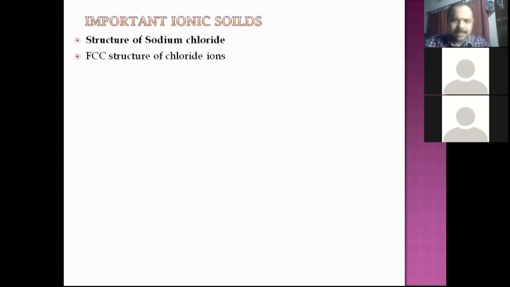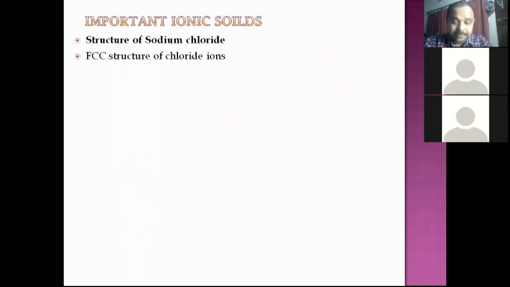Generally, in any ionic solid, the larger ion will form the lattice. The smaller ion, since it is small, can be accommodated in a void. It generally always happens like that. In sodium chloride, which is larger?